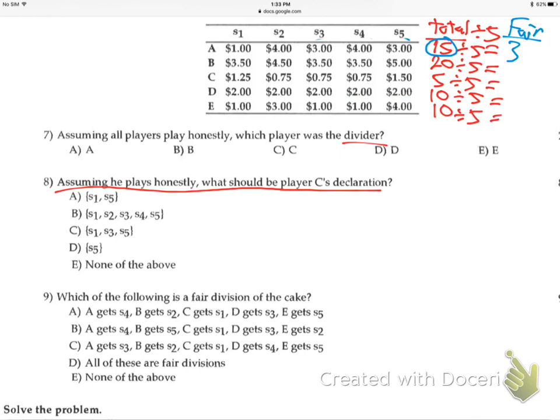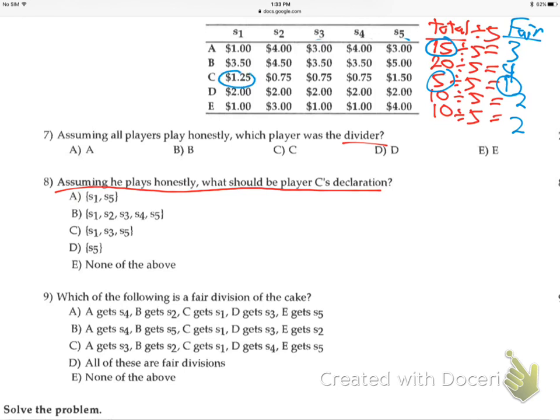So I'll come on down and I'll just do all the rest. 5 divided by 5, this would be 1.25, this would be 1, this would be 2 and 2. So for player C, anything worth $1 or more is a fair share, because player C thinks the whole cake's only worth $5. Divided by 5 people, he thinks $1 is a fair share in his financial world.